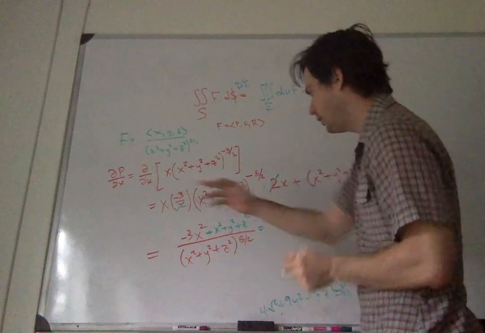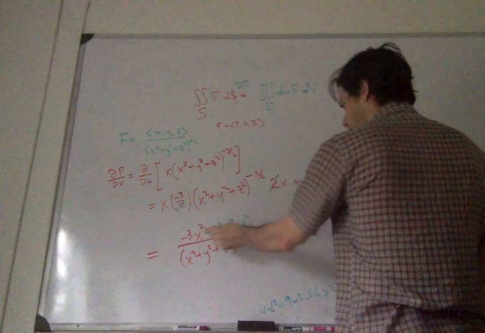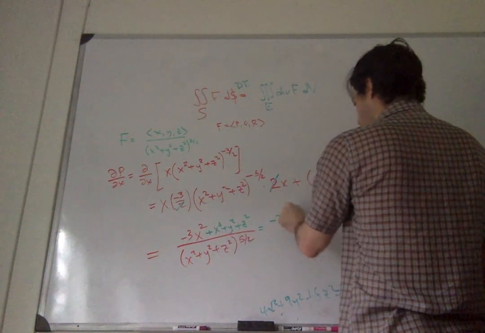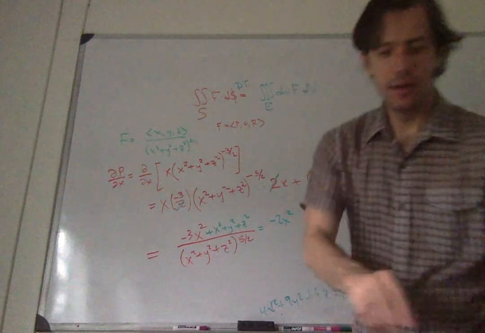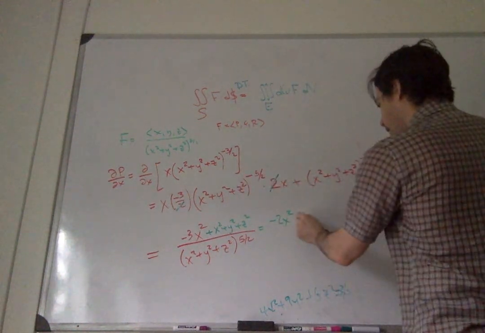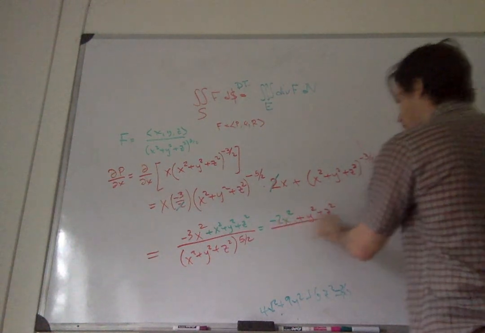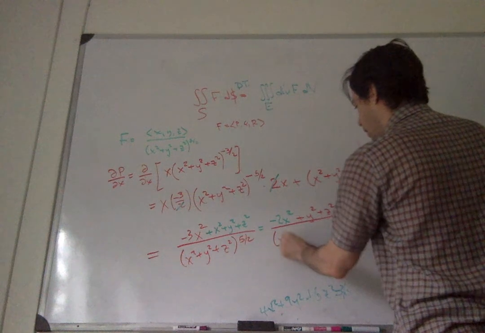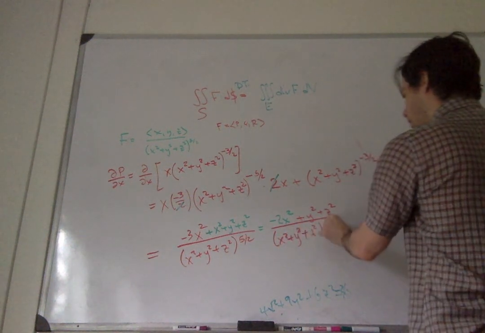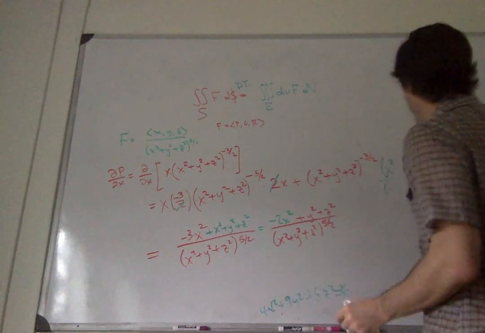And let us simplify this. So I get, well, that's 3 and 1, so that's negative 2x squared plus y squared plus z squared, all divided by x squared plus y squared plus z squared raised to the 5/2 power.